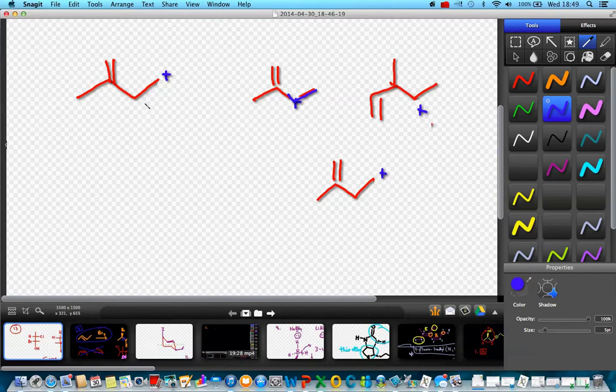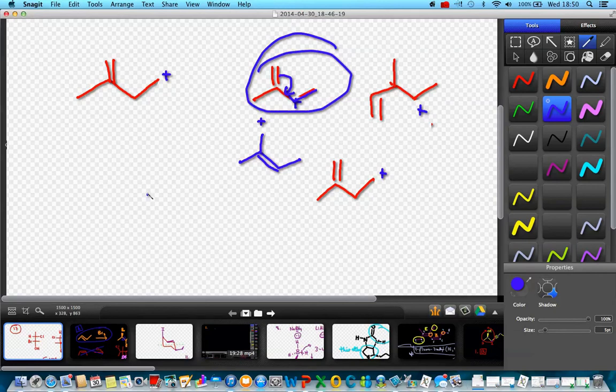There's no resonance stabilization here. Now you could have a rearrangement to get that. This one is allylic, so you've automatically got this. This one would have to rearrange. This one would have to rearrange. B is my best answer. B is the most reactive SN1 substrate. So the answer to number 18 is B.